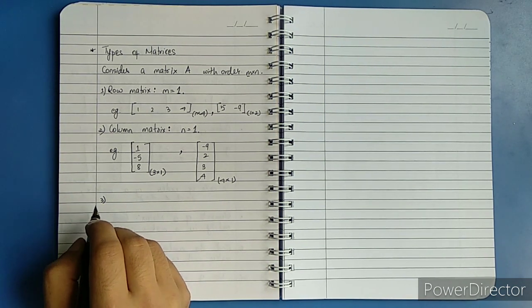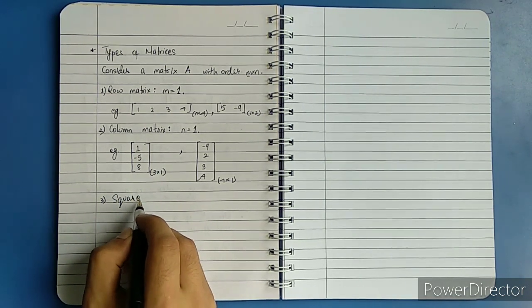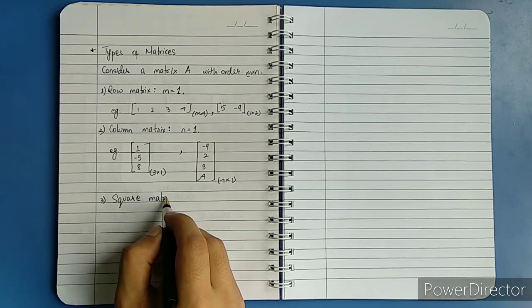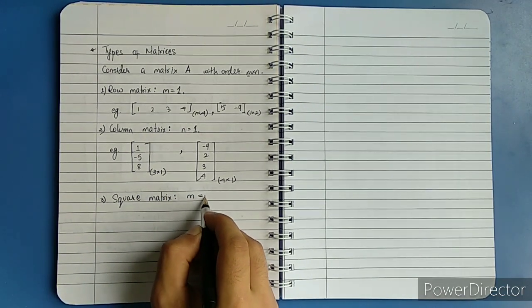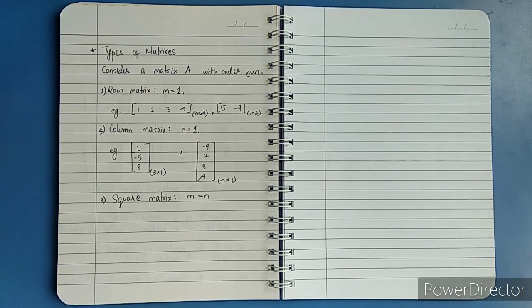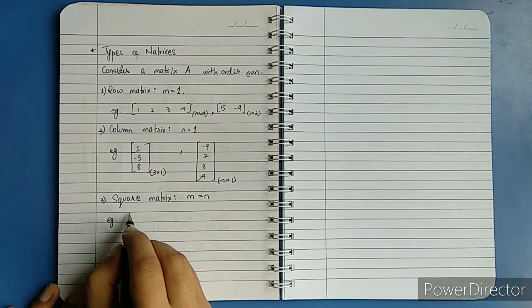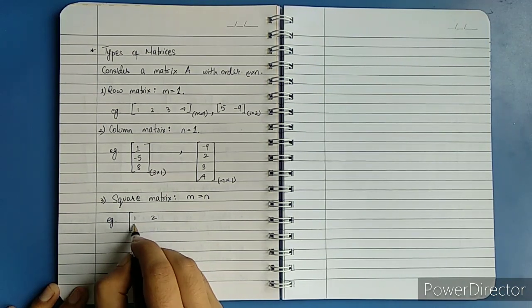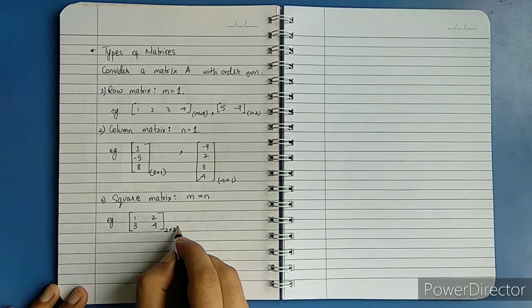Number 3, a square matrix. A matrix is a square matrix when the number of rows and the number of columns are equal, that is m will be equal to n. For example, say 1, 2, 3, 4. This is a square matrix where the order is 2 cross 2.